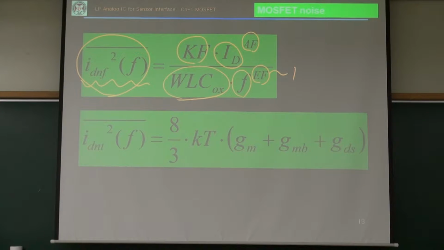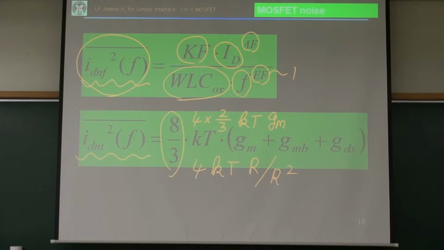And then the power spectral density of drain current due to thermal noise is 4kT over R or something like that. That's current, right? The simple model is 4 times 2/3 kT times GM plus GMB plus GDS, something like that.